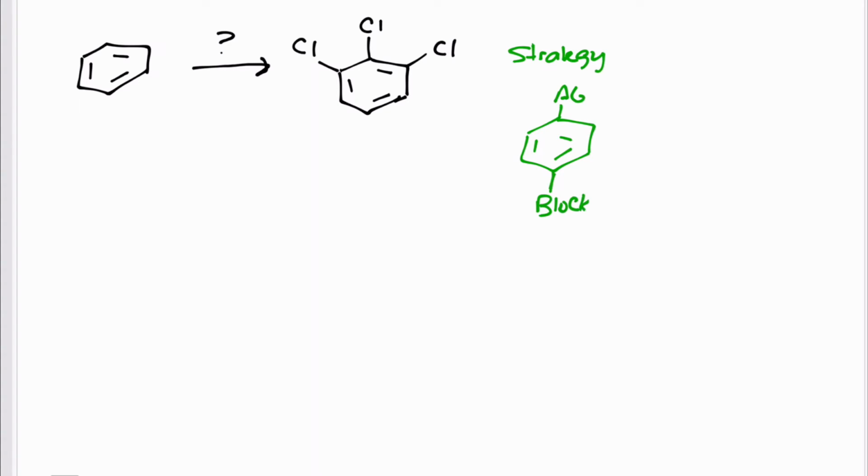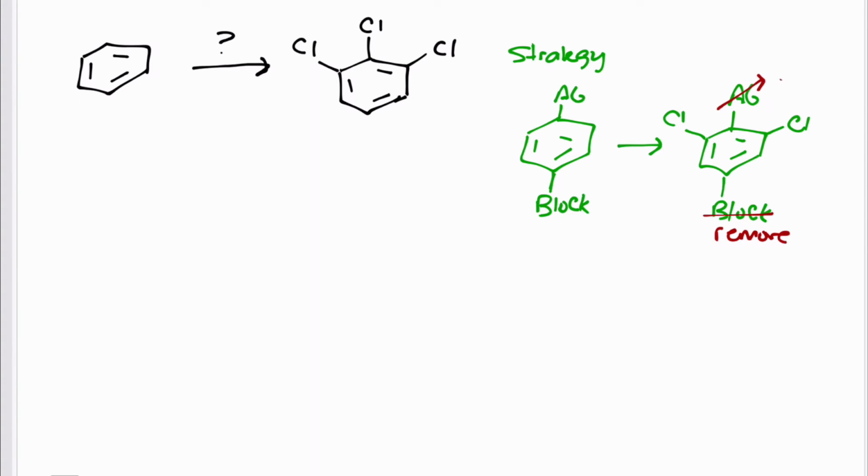Then we can chlorinate, and if we have a strong activating group, we can chlorinate both ortho positions. Our final steps will involve removing our blocking group and then converting this activating group via diazonium ion to a chlorine. Okay, let's see how we can go about doing this synthetically.